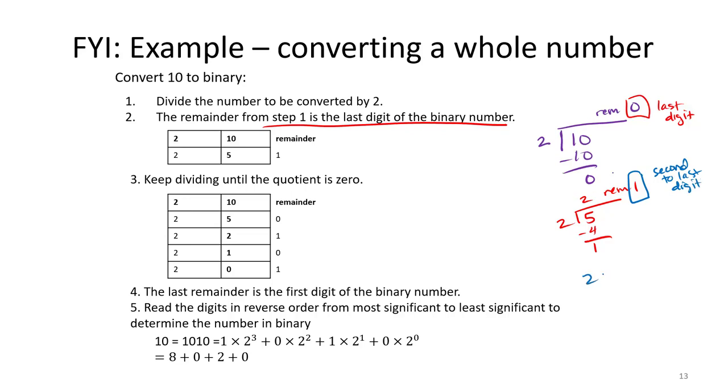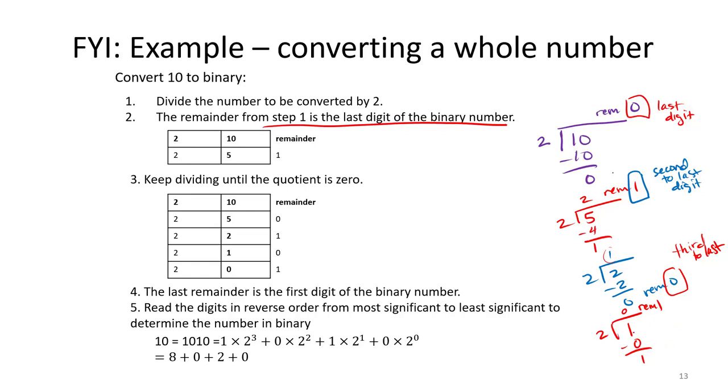Now I take the 2, and notice I don't get a remainder when I divide 2 by 2. So my third to last digit will be 0. And finally, I take that 1 and I divide my 1 by 2. I get 0, remainder 1.